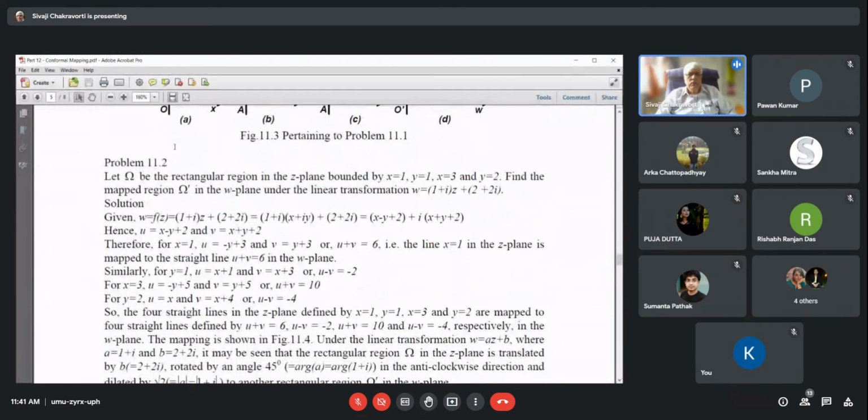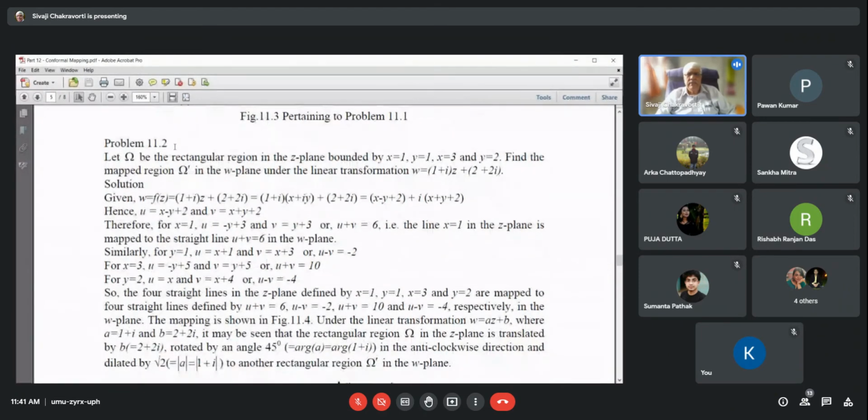Now, to make it even more elaborate, I have given a second problem. I have a rectangular region, capital omega, in the z plane. This rectangle is naturally bounded by 4 straight lines, which are the bounding straight lines of the z plane.